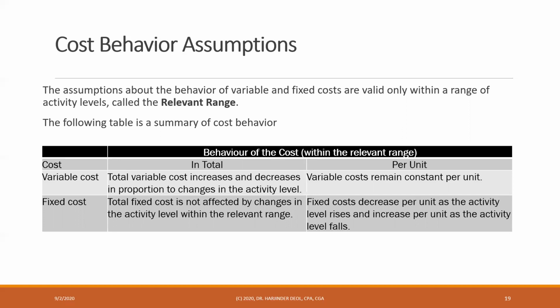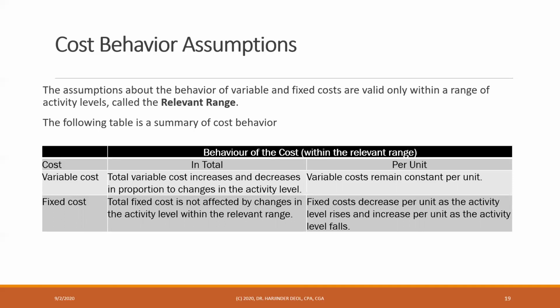remains constant. In contrast, a fixed cost remains unchanged by changes in the activity level within a relevant range. So the total dollars don't change. But if we were to calculate a fixed cost on a per unit basis, so for example, if my factory rent is $10,000, if I was to produce 1,000 units, $10,000 divided by 1,000 units, I get factory rent per unit, $10.